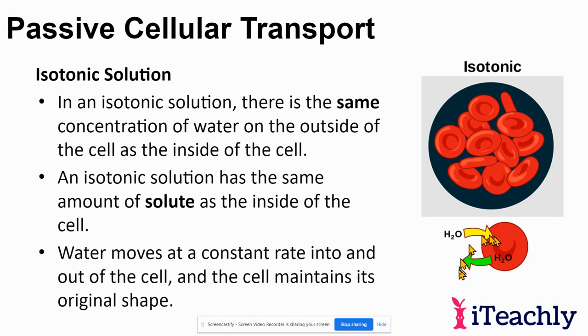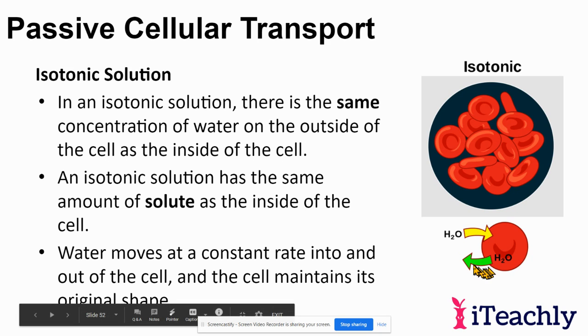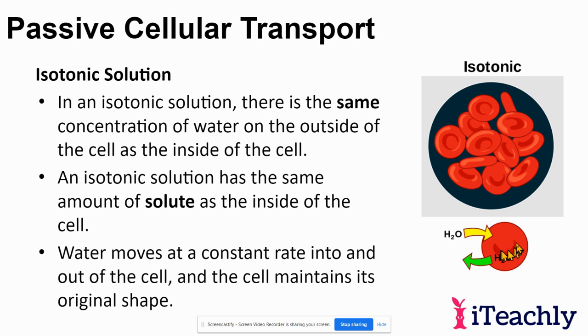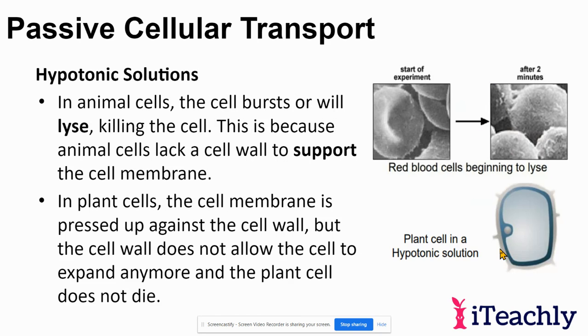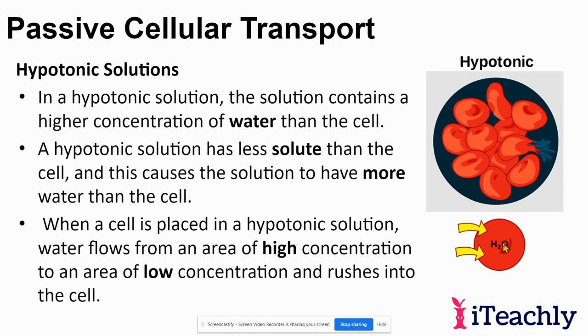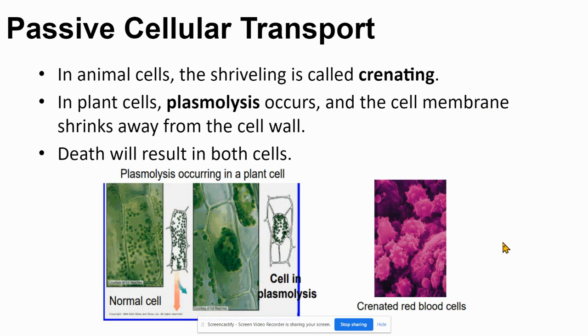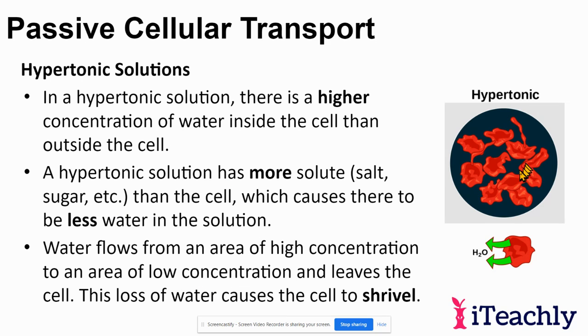Water can still move through by those aquaporins, which is that protein, but there's no net change in weight. Here there's no net change in weight, here the cell is going to gain weight, and here the cell is going to lose weight. That's going to be important when you do that lab.